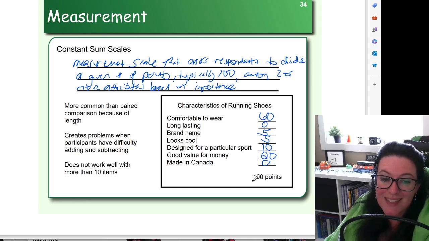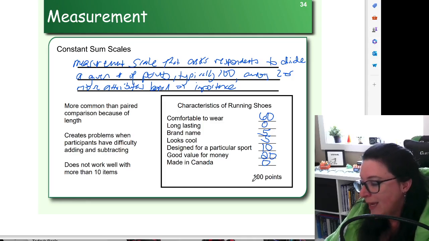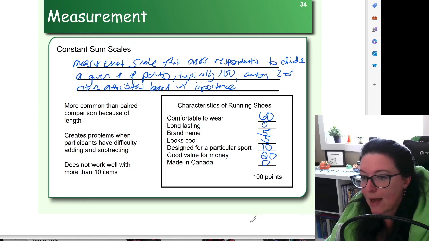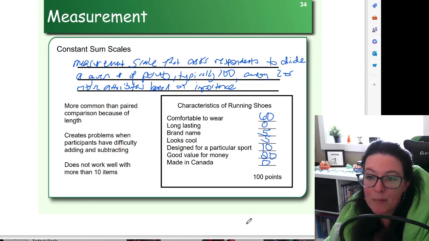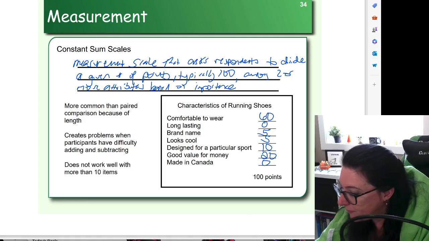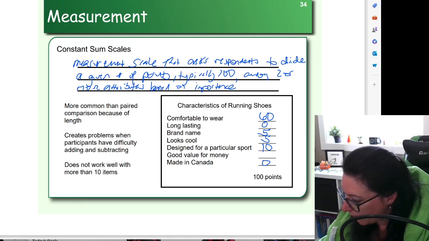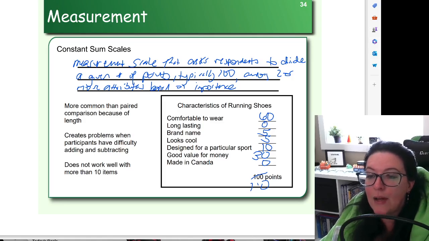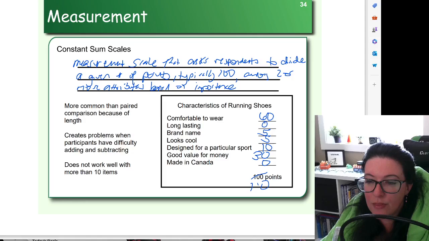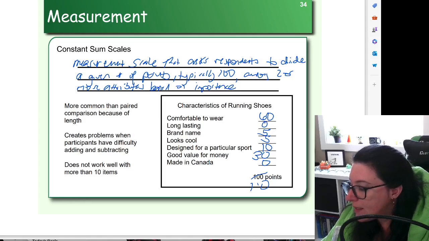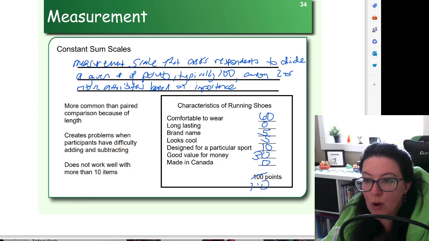So the challenge, the downside to this method, though, is that what if when someone fills this out, their numbers don't add up to 100? And we talk about cleaning our data so that we can do the analysis. The problem is we can't use just a partial response from this, because if I write that this is 30, so it actually adds up to 110, and you're going to analyze these results and compare this to someone else's response to the same question, what you don't know is which one of these numbers is 10 points too high.